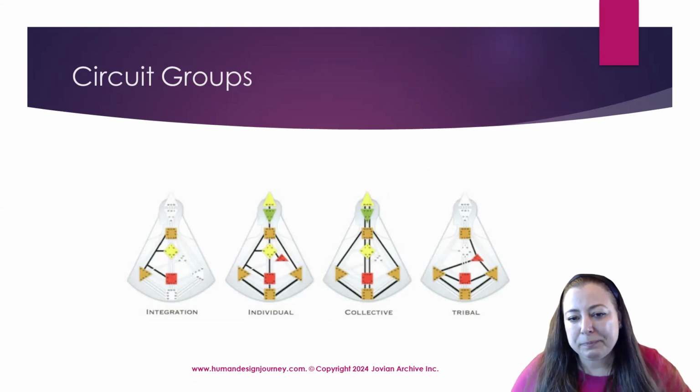And the last one, the tribal circuit group, you see it's all connected to the ego. And here we have the centering circuit part of the individual, the minor circuit I spoke about, where the ego is also involved.